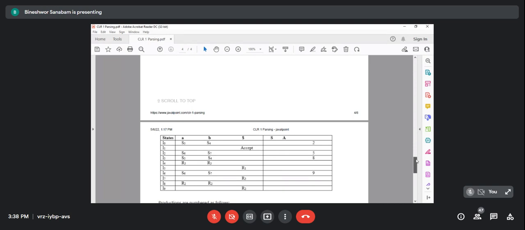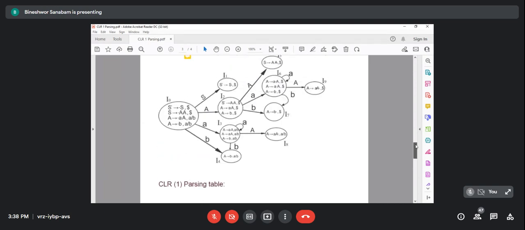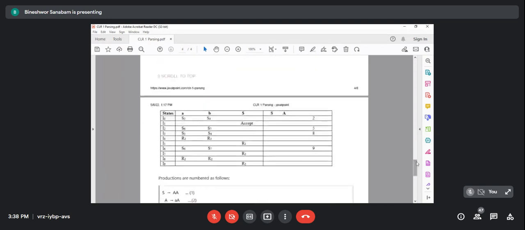Now everyone just copy this parsing table. Once you are done, just copy it. I'll give you 2-3 minutes.